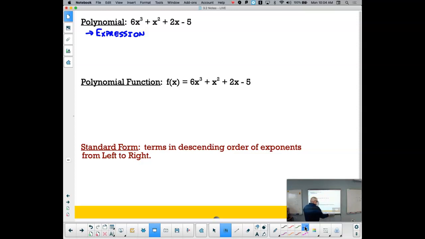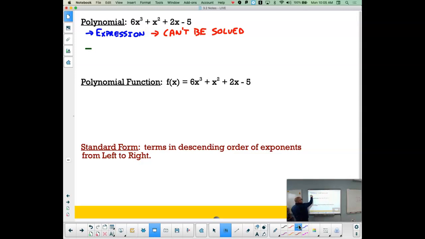Which means you can't solve it because there is no equal sign. Expressions cannot be solved. Expressions can just be simplified. They can be evaluated. If I knew what x was, I could evaluate it.